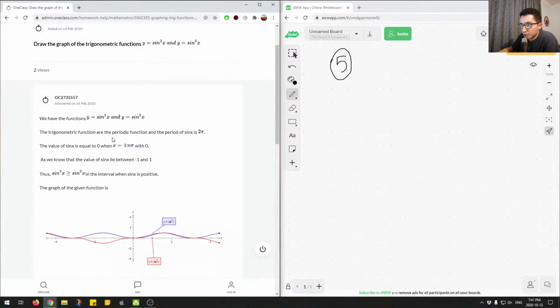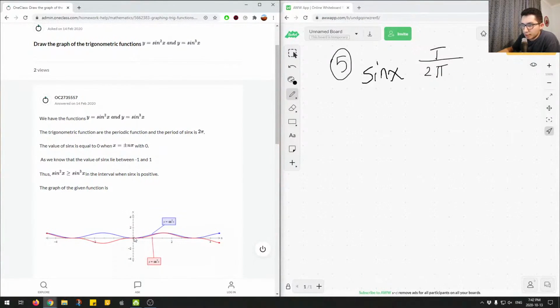The trig functions are periodic functions, and the period of sine x is 2 pi. So for sine x, we'll say the period, represented by T, is 2 pi. The value of sine x is equal to 0 when x is equal to plus or minus n times pi.